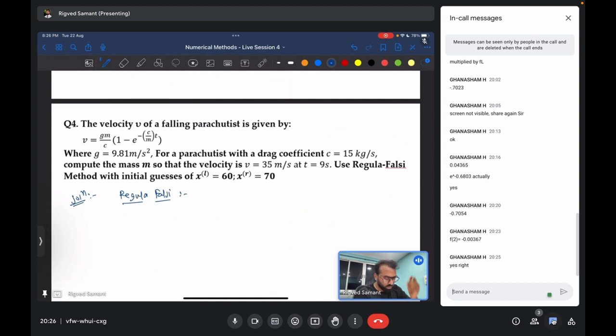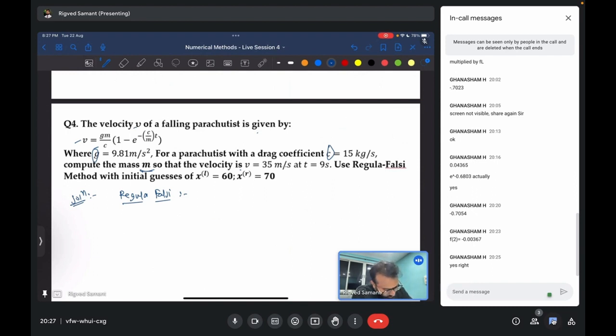Here the equation is: the velocity v of a falling parachutist is given by this equation, where g is given to you, for a drag coefficient of c, so c is given to you. Compute the mass m so that velocity v, which is also given, at a time t.